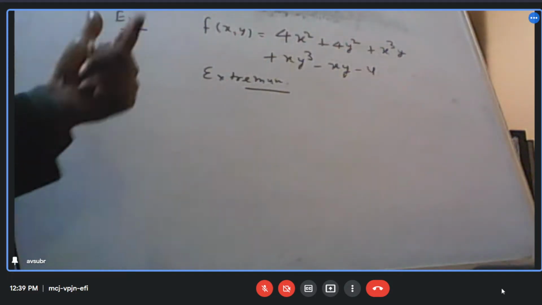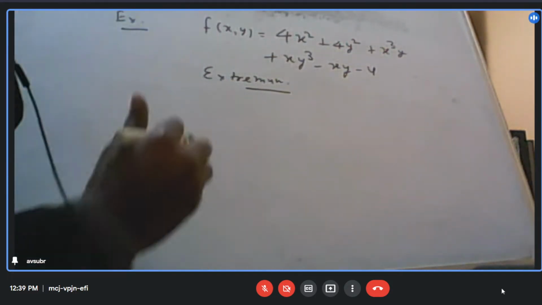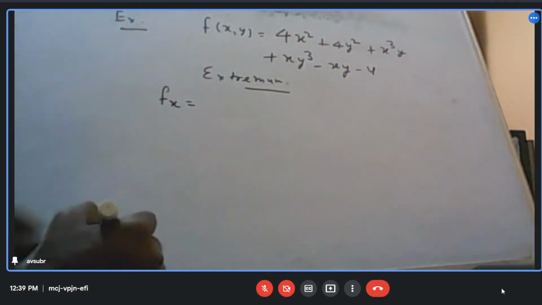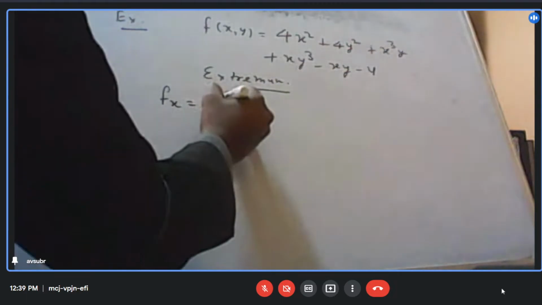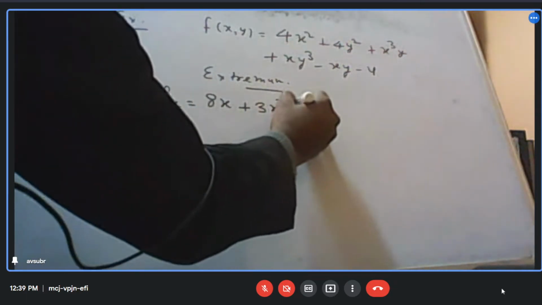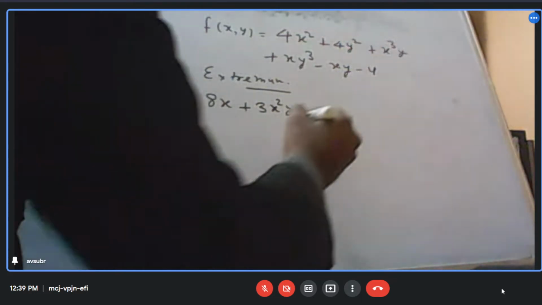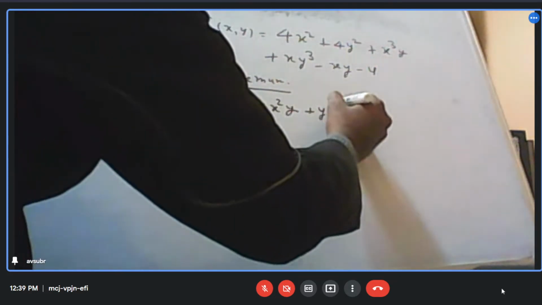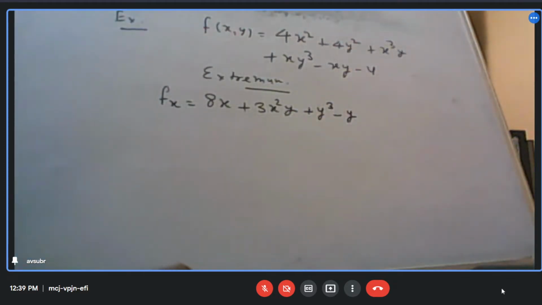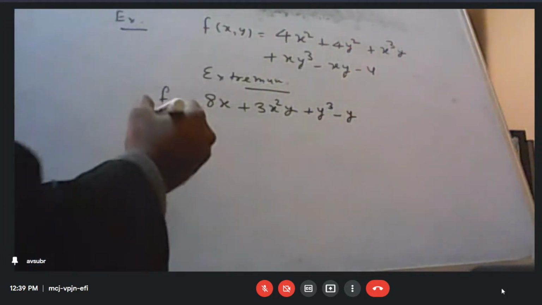Okay. So in order to do so, first of all, we have to differentiate this. So if we differentiate it, we will get fx equals 8x plus 3x square y plus y cube minus y. Is it okay? Yes, sir.